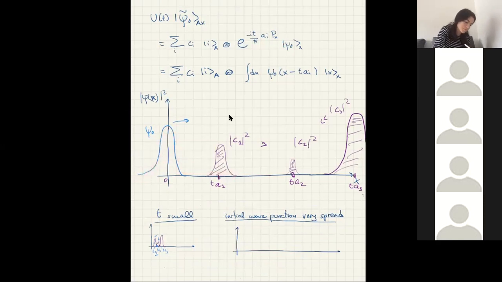So then we can end up with something like this, where again there's a lot of overlap between the wave functions corresponding to different outcomes.